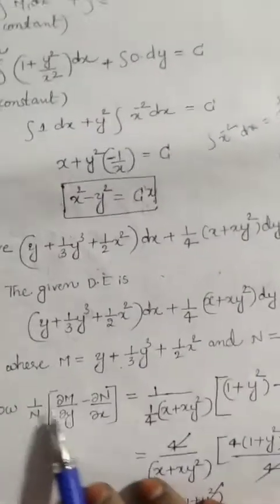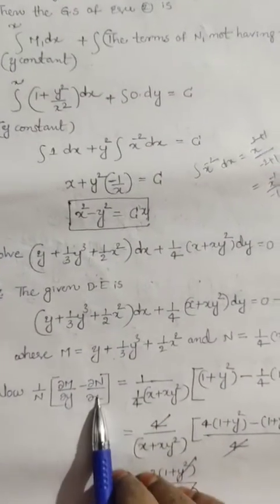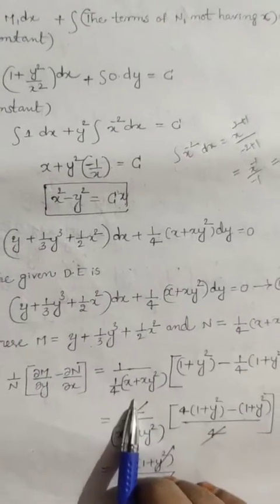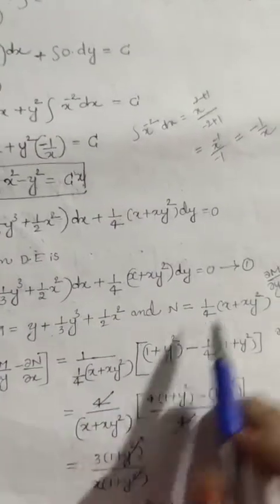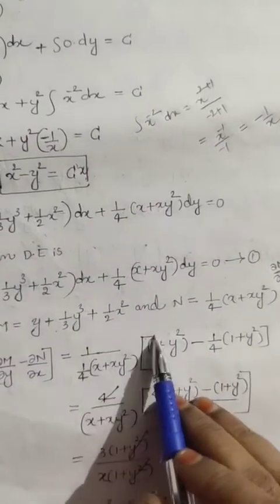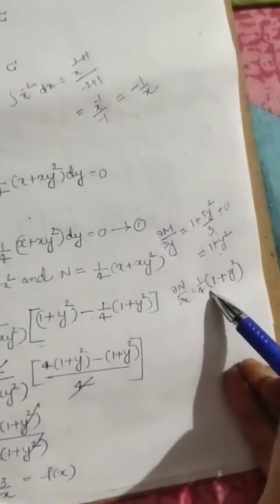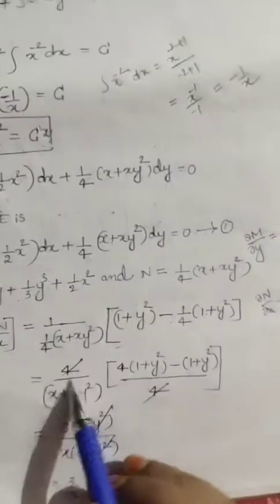Now we have to find out the value of 1 by n into dou m by dou y minus dou n by dou x, that equals 1 by n. That is 1 by 4 into x plus xy square, into dou m by dou y, whose value is 1 plus y square, minus dou n by dou x, which is minus 1 by 4 into 1 plus y square.